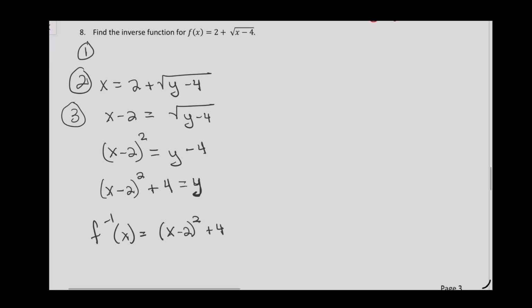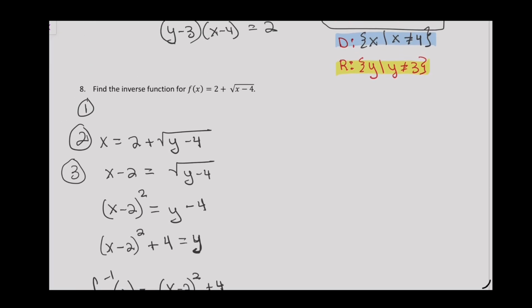Let's go to the original problem again. Underneath a radical, we can't have a negative under an even radical, right? So a square root. So x minus 4 has to be greater than or equal to 0, which means x has to be greater than or equal to 4. Okay? That is the domain of the original function.